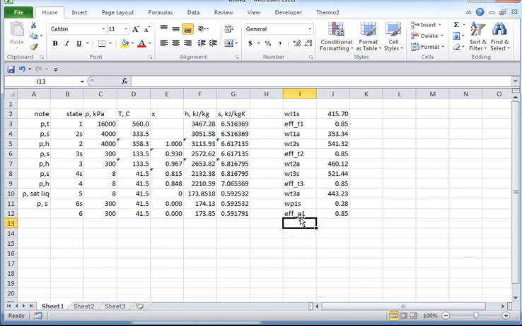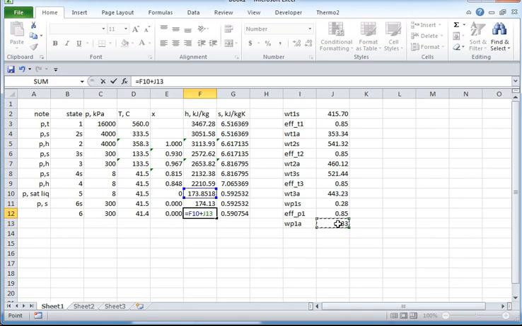And so the work pump 1 actual is equal to this times 85 or divided by? It needs more work, not less work, because of irreversibilities. True? So it goes up. It requires more work. So this actual enthalpy right there is this plus that.